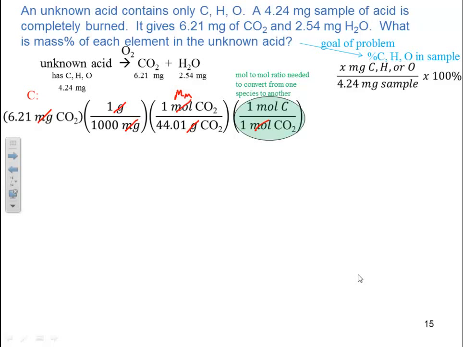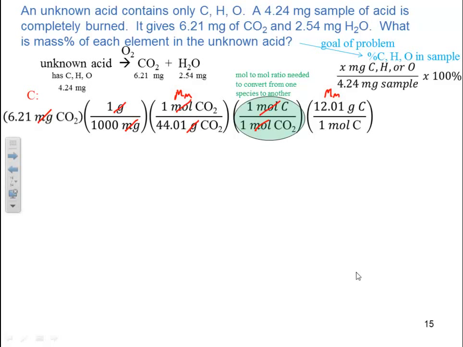Well, how do I get from moles of C to grams of C? Molar mass again. So this is my molar mass of my carbon. We know there's 12.01 grams of carbon for every 1 mole of carbon.